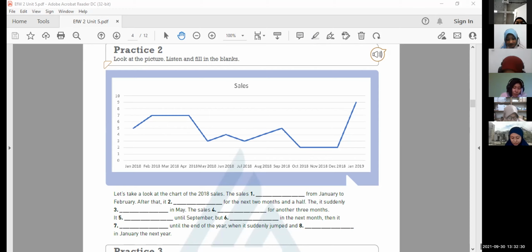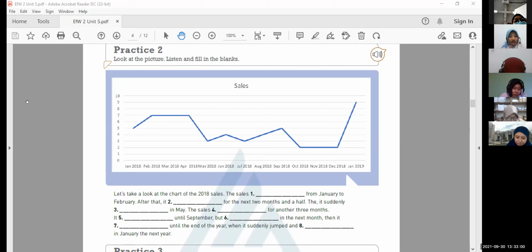Conversation for Employees, Book 2, Unit 5, Sales of Products, Word Vault, Describing Charts and Graphs. Practice 2. Look at the picture, listen, and fill in the blanks. Let's take a look at the chart of the 2018 sales. The sales increased from January to February.